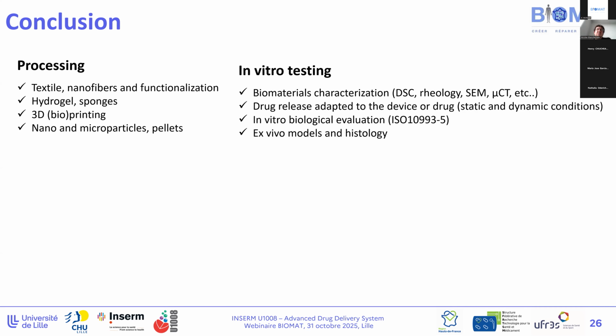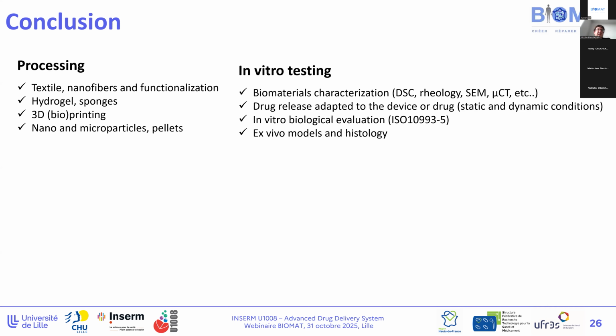In terms of in vitro testing, we have all kinds of characterization for materials, and many machines to evaluate the drug release adapted to the medical devices or to the pathology, and in vitro biological evaluation according to the standards.